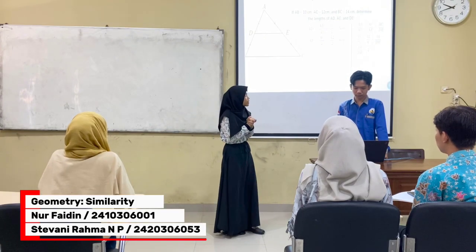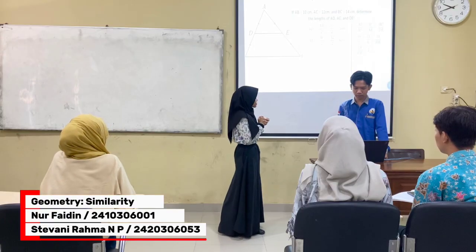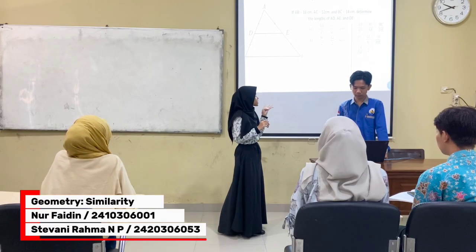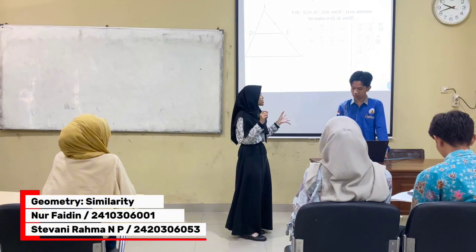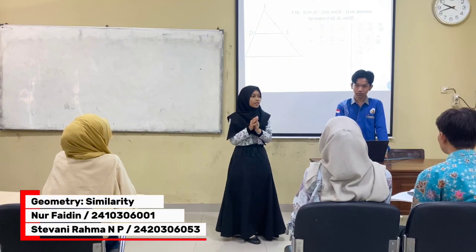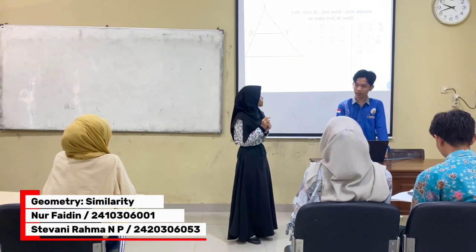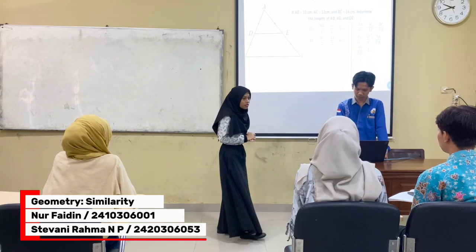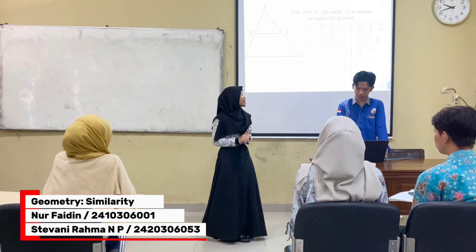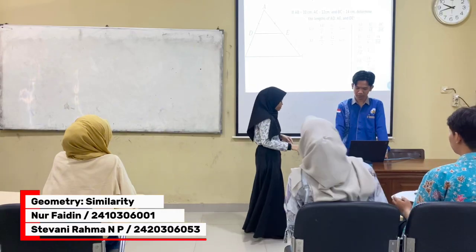So we divide 14, BC, by 2 to get DE. 14 divided by 2 equals 7.